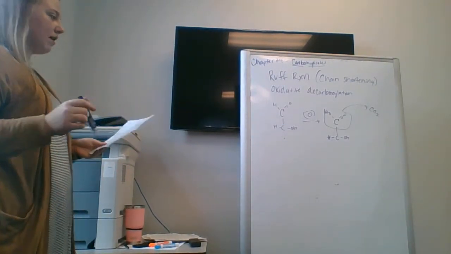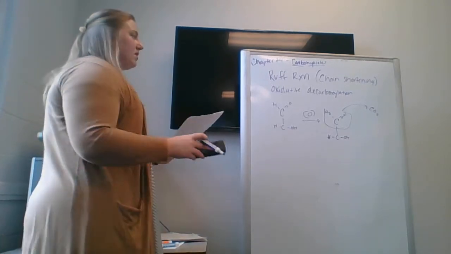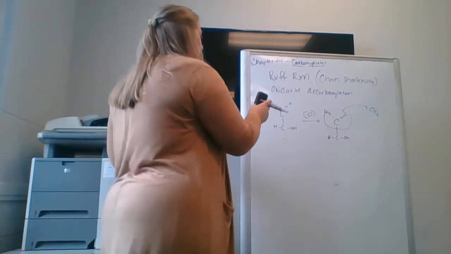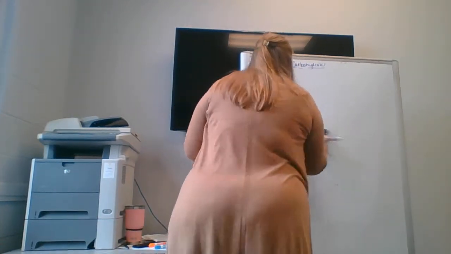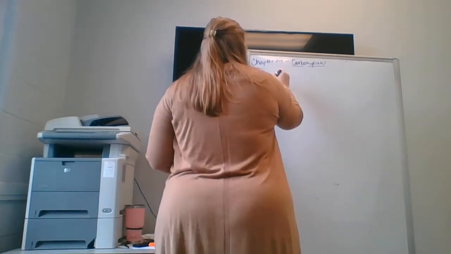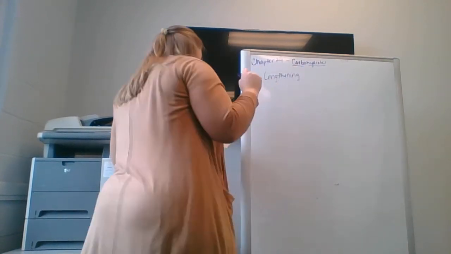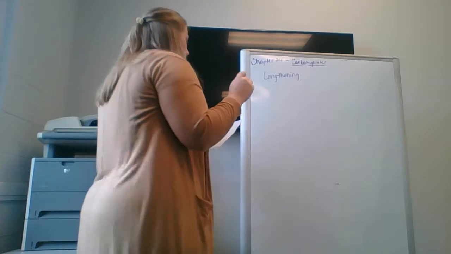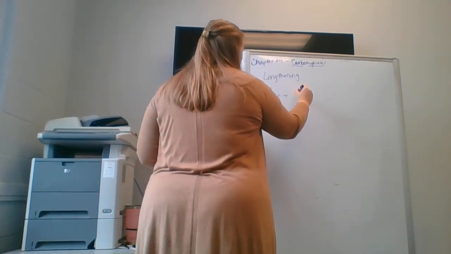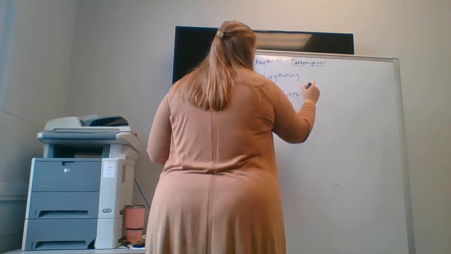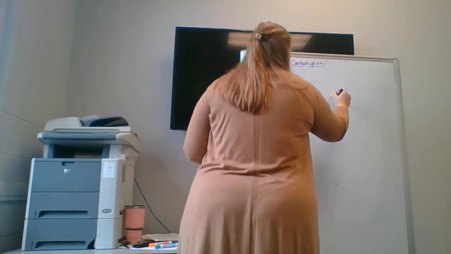His notes also mentioned chain lengthening. I didn't see a specific name, not like the Ruff reaction. I don't know if this was something you were actually quizzed on, but just in case. So essentially, we're going to react a sugar with hydrogen cyanide, and we're going to create a cyanohydrin.